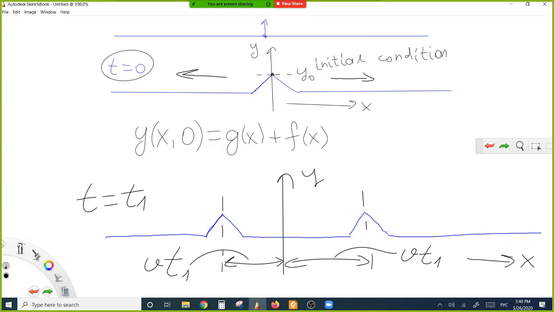The disturbances propagating in the positive and negative directions propagate away from the source, and the disturbances which are propagating away from the source are called forward propagating waves.